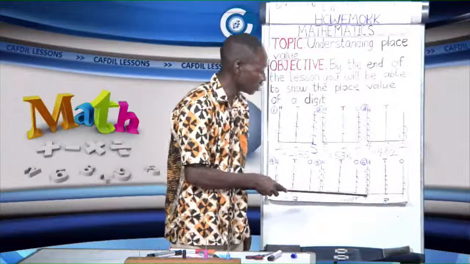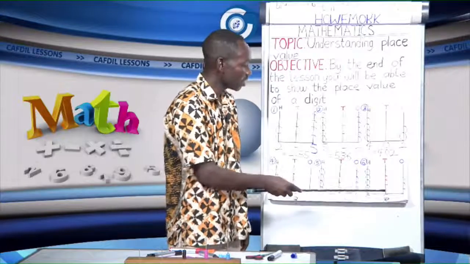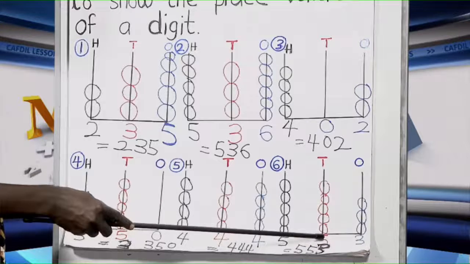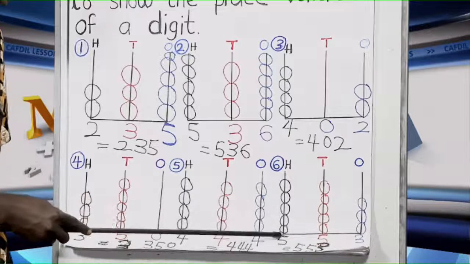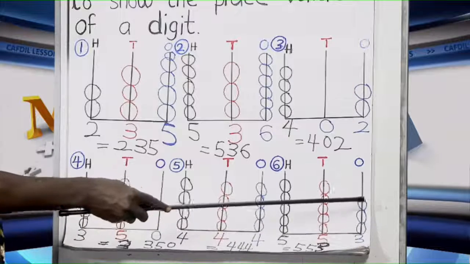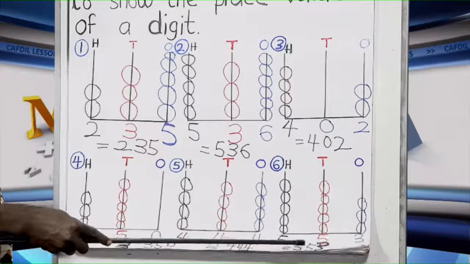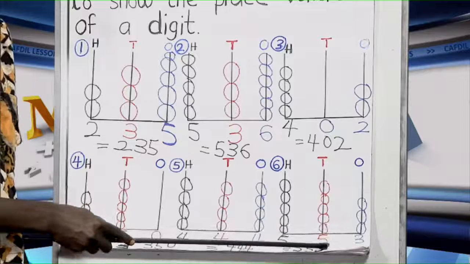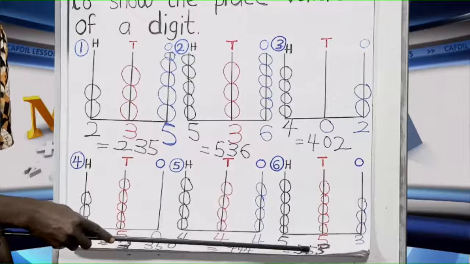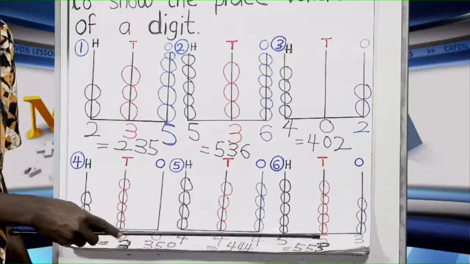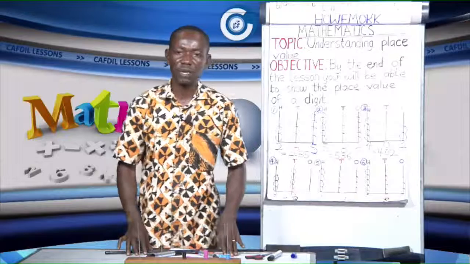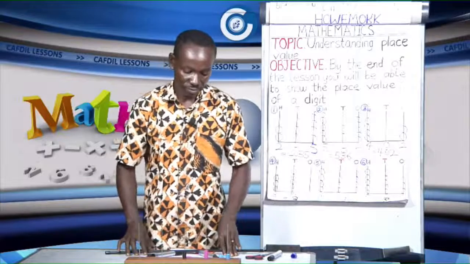The 5 here is under hundreds. The 5 here is under tens. So this shows 50. And then this one shows 500. And since we have 3 ones here, we have 553. Repeat after me. 553. All right. Now let's ask ourselves some few questions here.